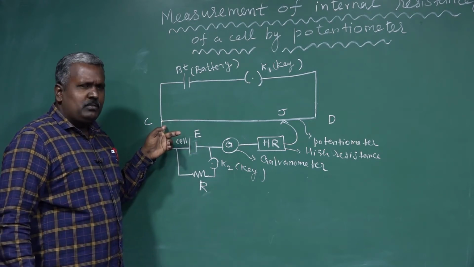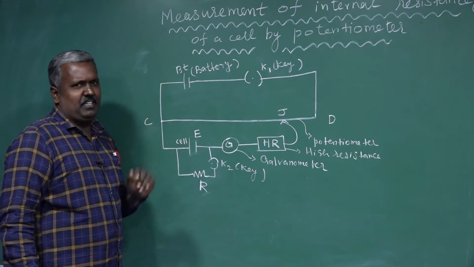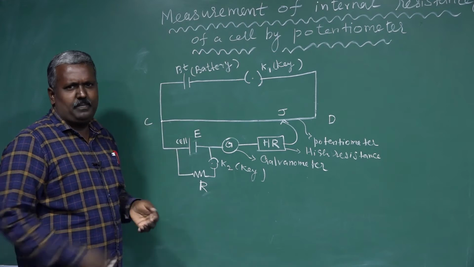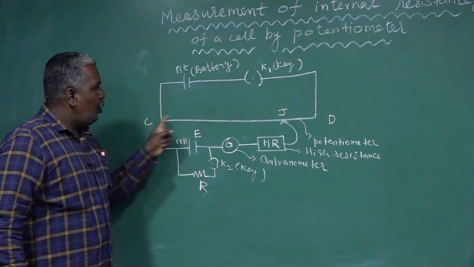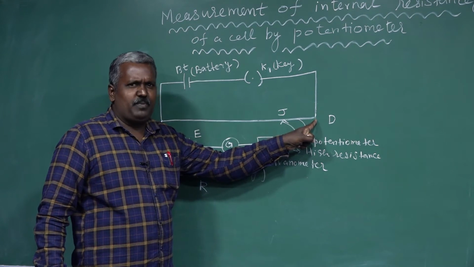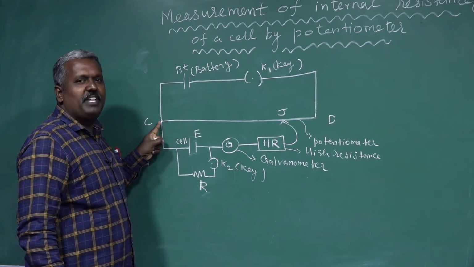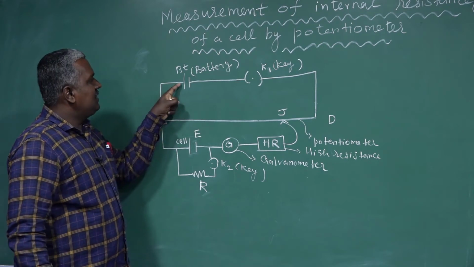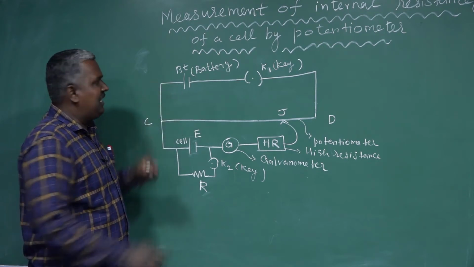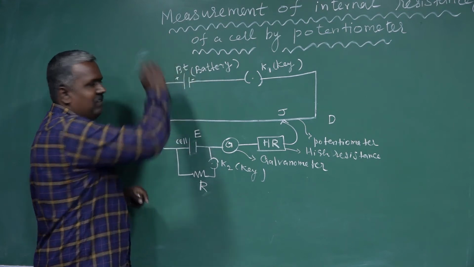now we are going to write the explanation of this circuit diagram. You can write it, no problem. This is the two ends of the potentiometer, C and D. So the end C of the potentiometer is connected with the positive terminal of the battery. I am correct or not? Large size line is positive, smallest size line is negative.